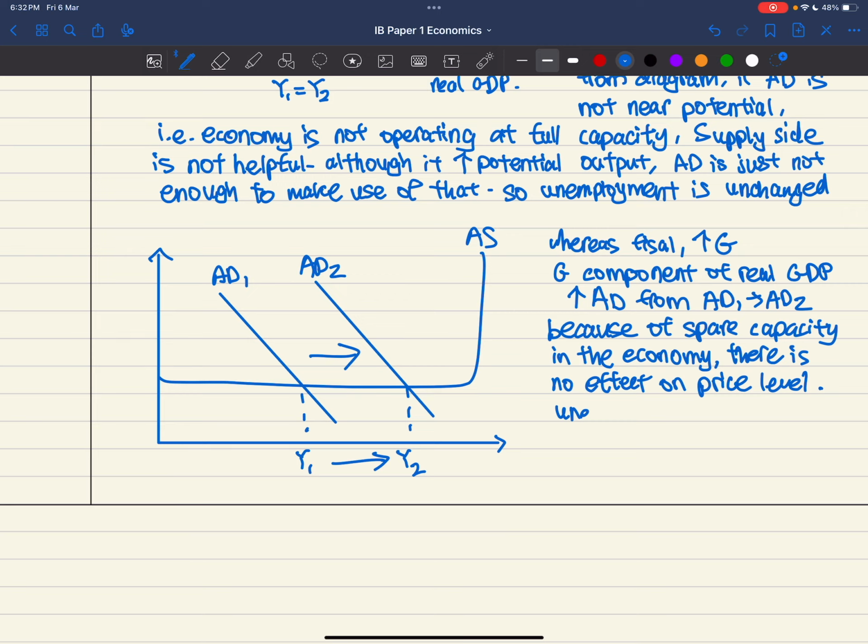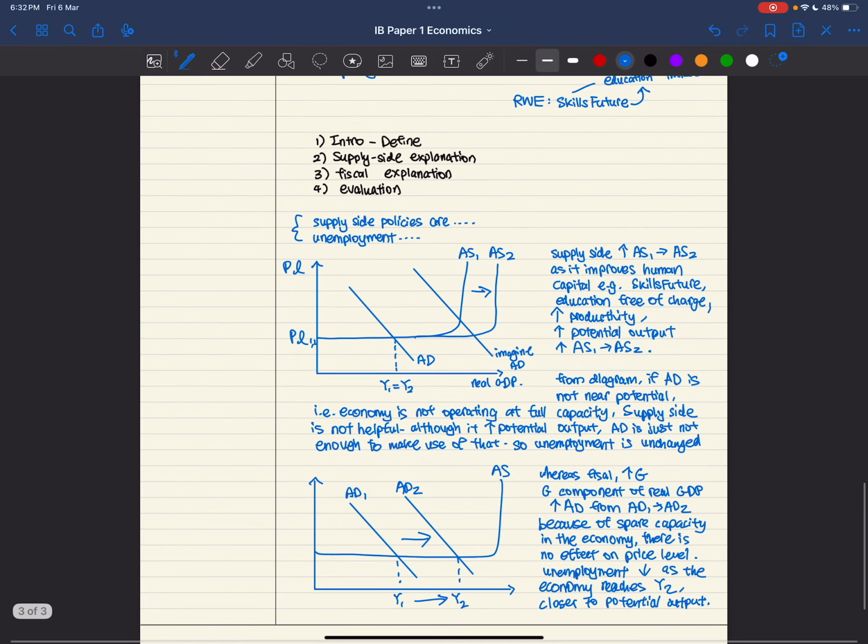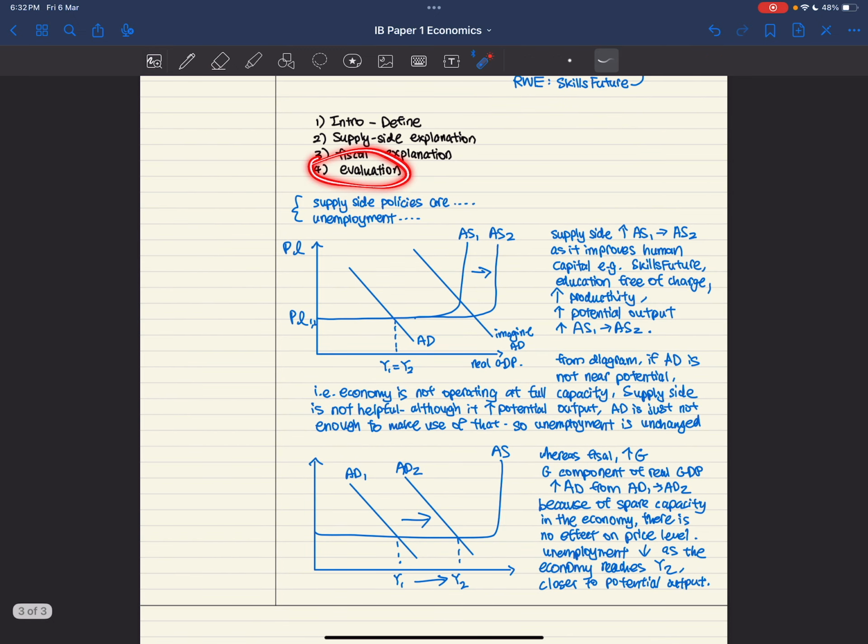So unemployment is reduced as well, as the economy reaches Y2, closer to potential output. Now that I have my two policies, I just need to evaluate them.